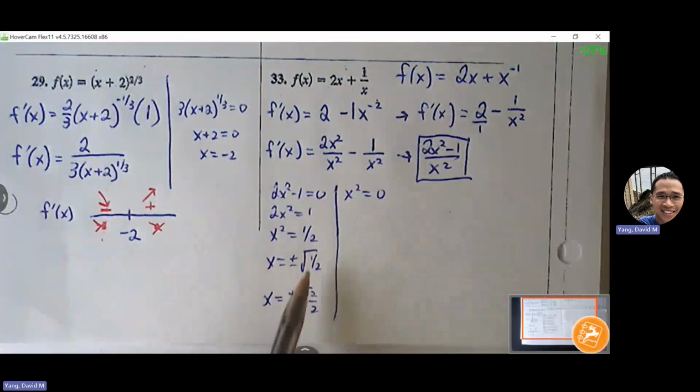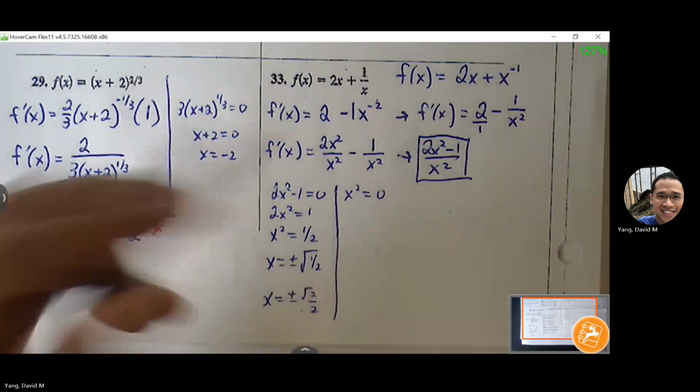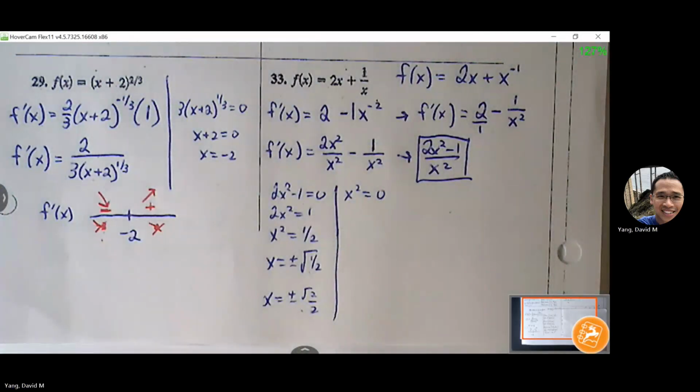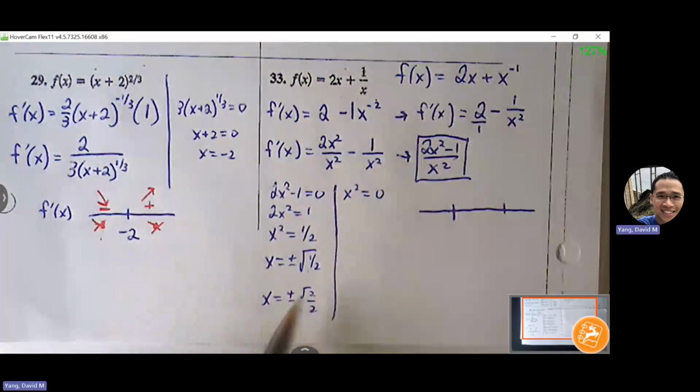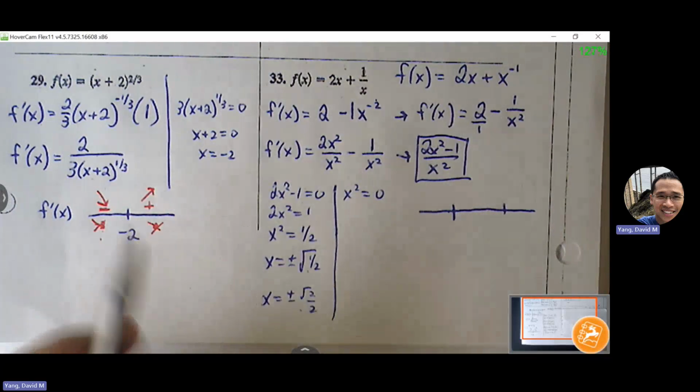So you can either leave it as square root of 1 over 2, or you can rationalize it as root 2 over 2. This is around 0.7. So I'm not going to be picky about whether you rationalize your denominator or not, any of these variations are fine.